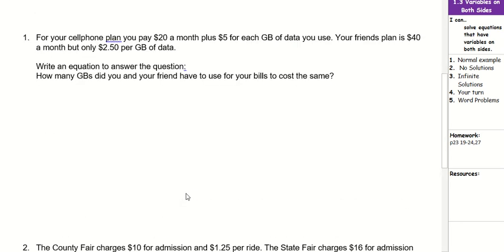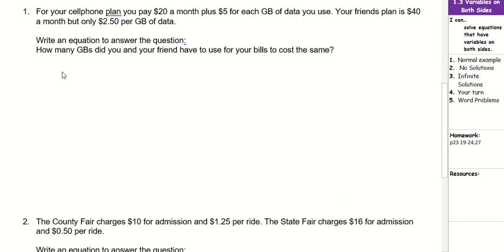Here we go into our word problems. Word problems, when we have this type, always talk about things being the same. And when two things are the same, that means that they're equal. So I'm going to always start these with an equal sign. And I'm going to have one thing on one side and then something else on the other side. We're usually talking about two plans or two systems, something like that we're setting equal to each other.